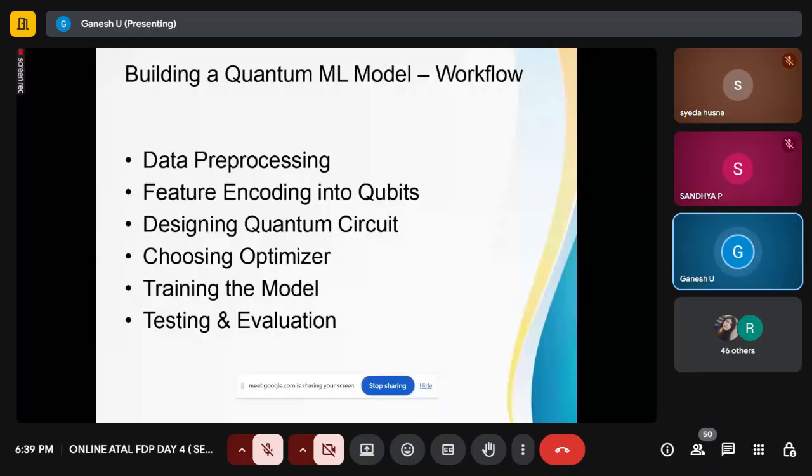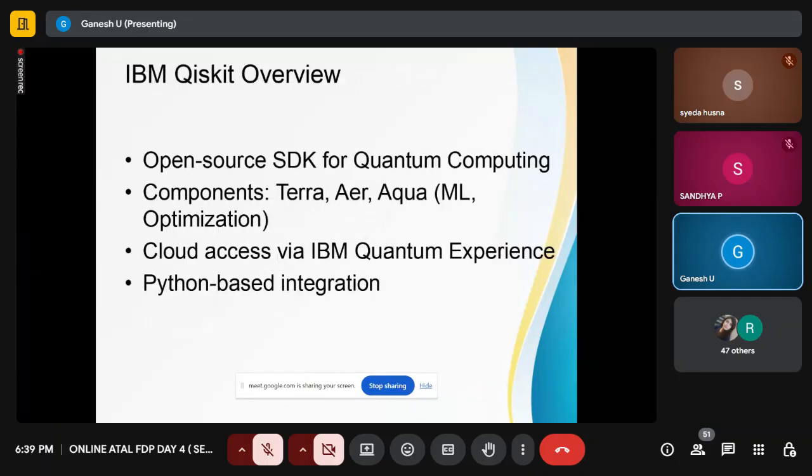The data encoding into qubits is what we do next, so the data can be transformed into qubits. Then designing the quantum circuit, which we have already seen. Next, choosing the optimizer, training the model, then testing and evaluation. These are the steps in building a quantum ML model.